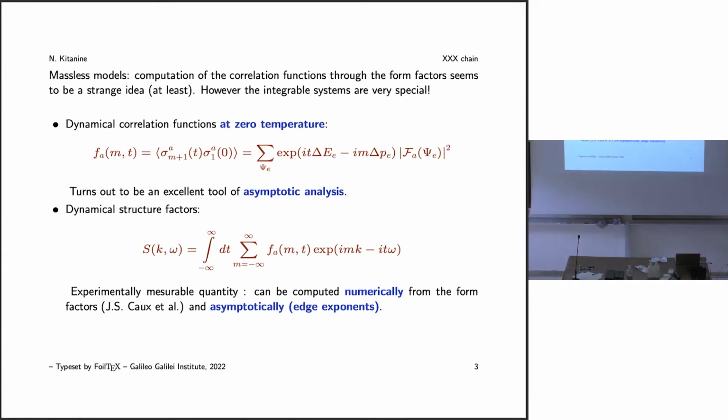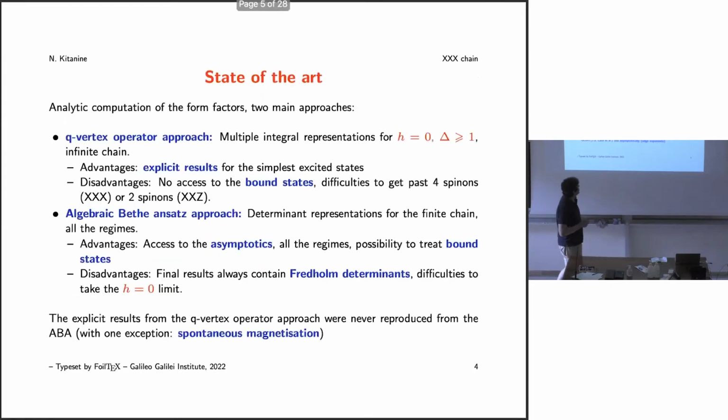So it's not a stupid idea to compute the form factors, to try to compute the dynamical correlation functions at 0 temperature through these form factor sums. So what do people know how to do? In fact, I'll try to explain, it will be necessary to understand what is new in this new approach.